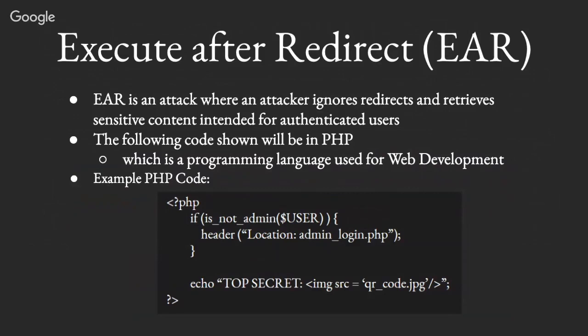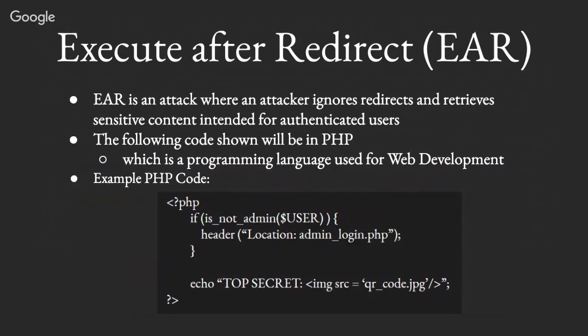So this code is in PHP. PHP is basically a programming language used for web development, but it's a very simple code. This is PHP text like your HTML, just opening and closing. If this person is not the admin user, meaning you're taking a variable, then you bring him to the admin login place. You don't allow him to log in.